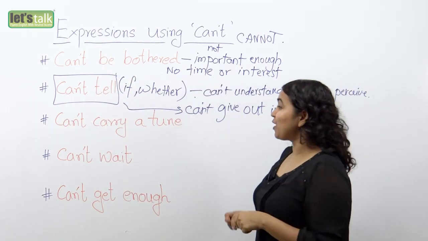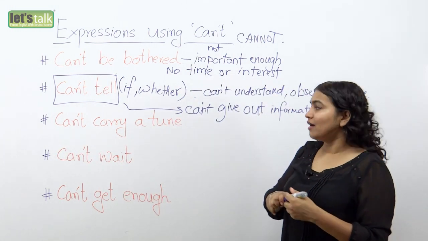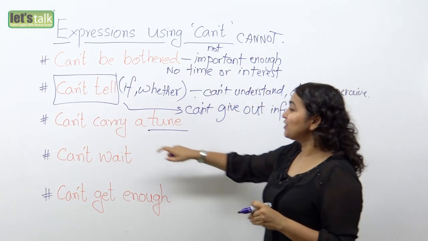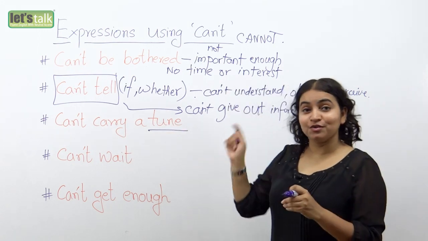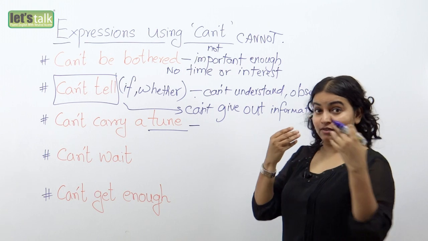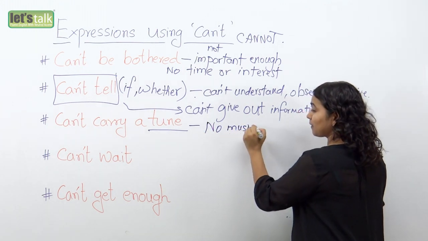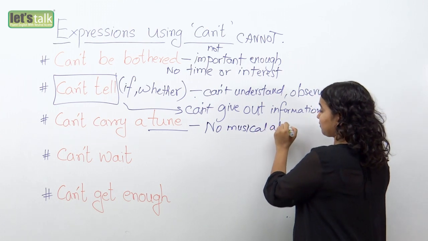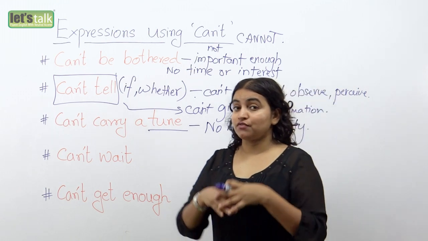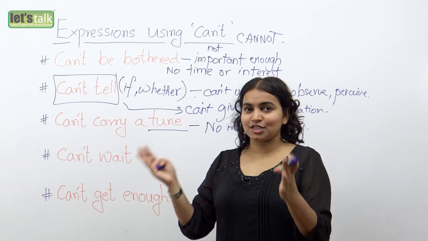Okay, the next one is when you can't carry a tune. The word tune refers to music. Okay, so when you say you can't carry a tune, you're basically saying that someone, or maybe yourself, have no musical ability, which means when you sing, there is a very high probability that people are going to run out, that the rats are going to be screaming.